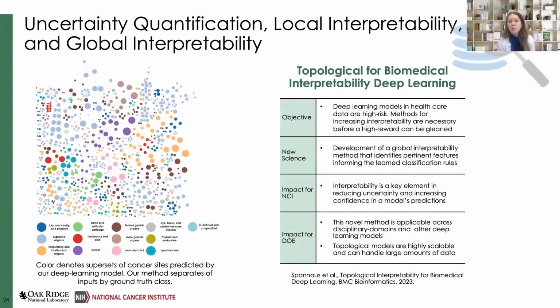LIME is local, so when we run it, we have to look at it on a report by report basis. Sometimes we aggregate it up to look for trends in the data, but it doesn't give us a good look at interpretability at a global level. So what is our model doing overall? And we're very interested in global explainability of our models as well. So one of our scientists here, Adam Spanis, has developed a topological approach to global explainability.